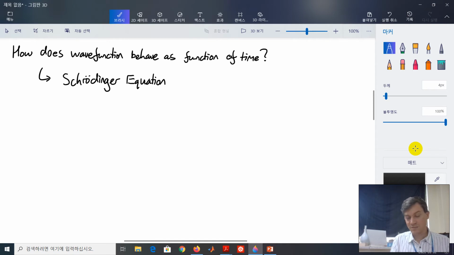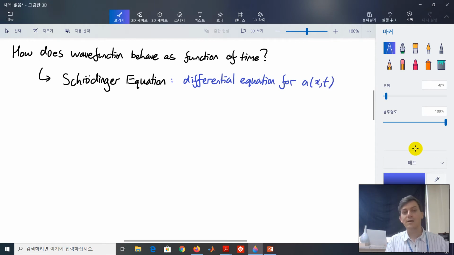What is the Schrodinger equation? It's a differential equation for the wave function psi(x,t). By solving this differential equation, you can see how the wave function depends on time. I'm not going to give you the equation or talk about its solutions, but I am going to show you an animation of what this Schrodinger equation predicts for wavelets.